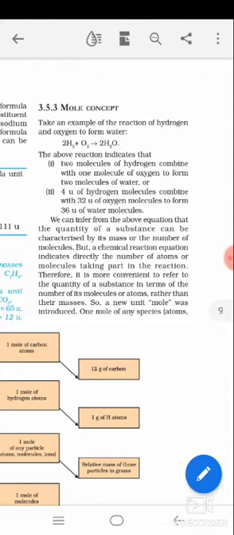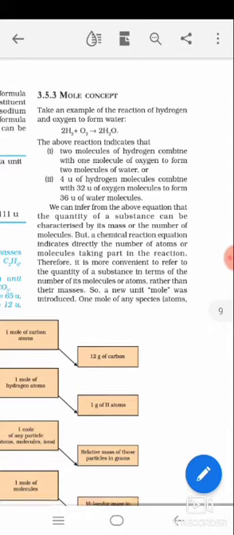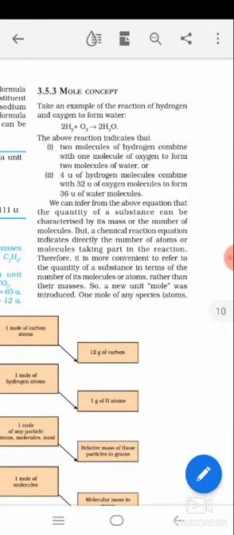Here 2 molecules means the number of molecules. The number of hydrogen molecules is 2, plus 1 is the number of oxygen molecules. Both of these add to give 2 molecules of water. Here again 2 stands for the number. Please remember the terms.